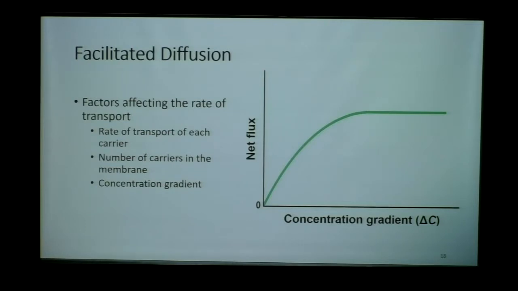Now, when we look at this graph, we're plotting the net flux, and just to remind ourselves, this is the net accumulation of particles, or the net movement, against the concentration gradient. So what the concentrations on either side of the cell look like, and whether or not there's a gradient. And what we'll see is that these two properties show a directly proportional relationship until they get to this point where they just level off.